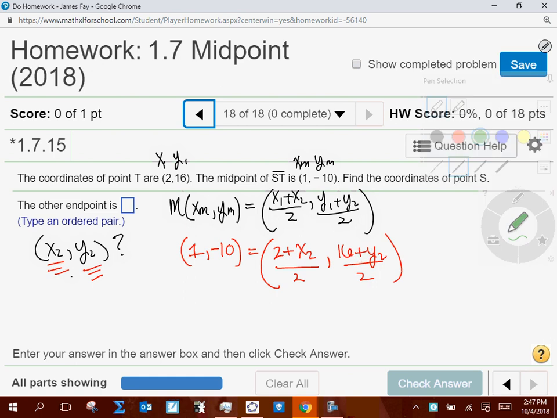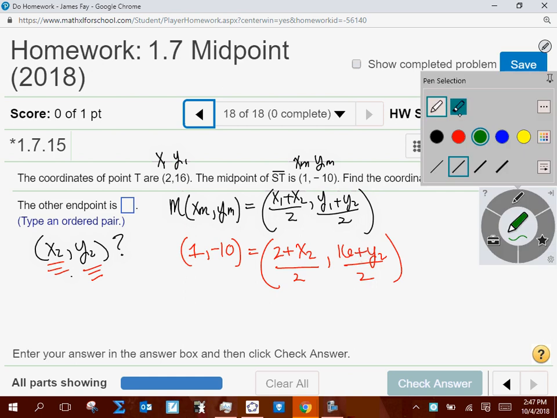And then we make the link. If both sides are ordered pairs, we should be able to say 1 is equal to that stuff, right? So right now, 1 is equal to 2 plus x sub 2 over 2. And at the same time, I should be able to say negative 10 is equal to 16 plus y sub 2 over 2.